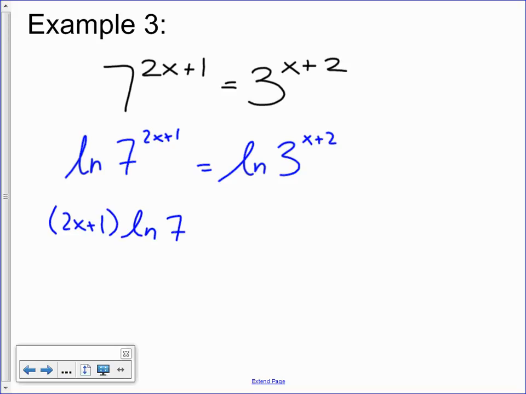Natural log 7 times x plus 2, natural log 3. Delete that. Try again. Here we go. Everything at once. Divide x plus 2 to get that onto the other side, and divide that by log 7.